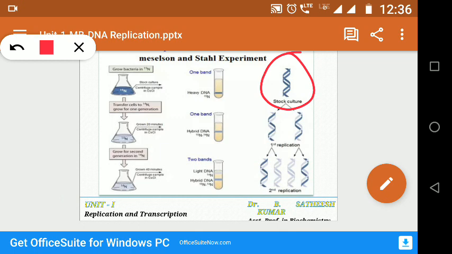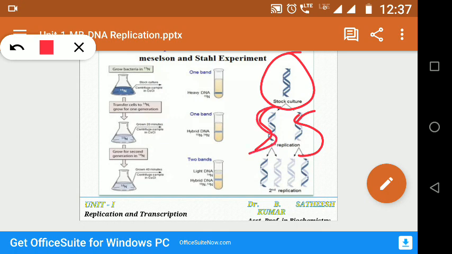These two strands will be separated, so one strand here, another strand here. The two strands are separated during the replication process, and DNA polymerase is an enzyme which is essential for the synthesis of a new DNA molecule on the old existing DNA.